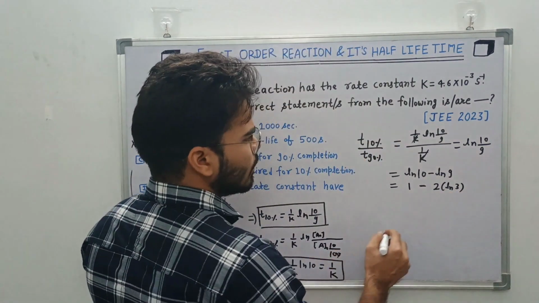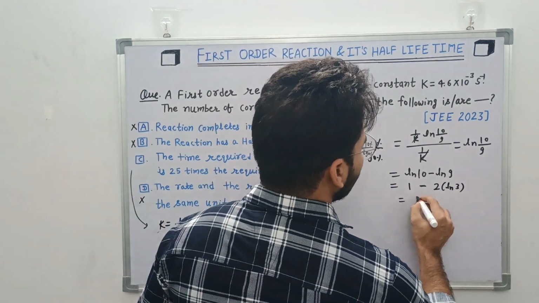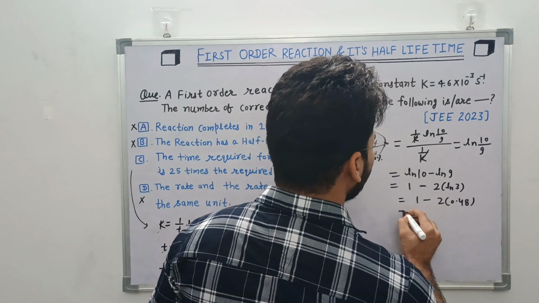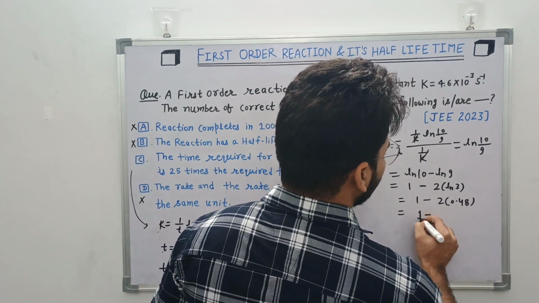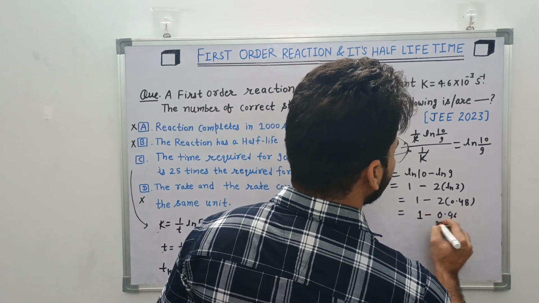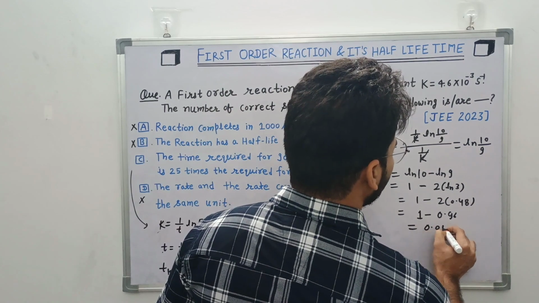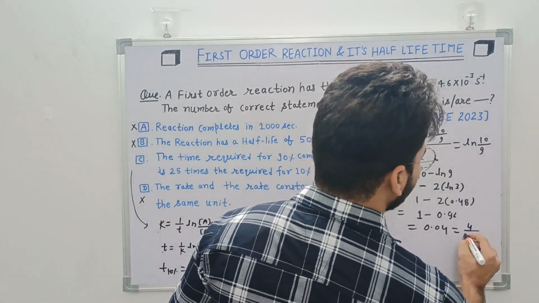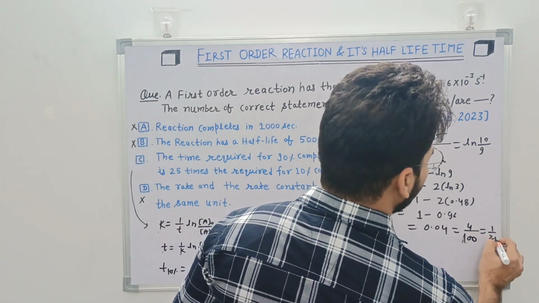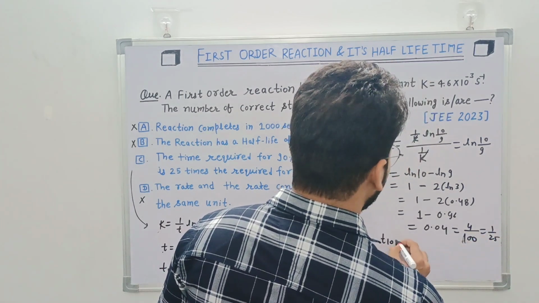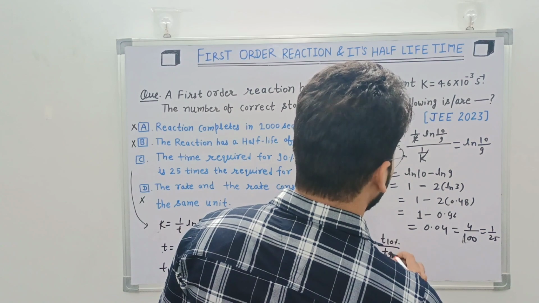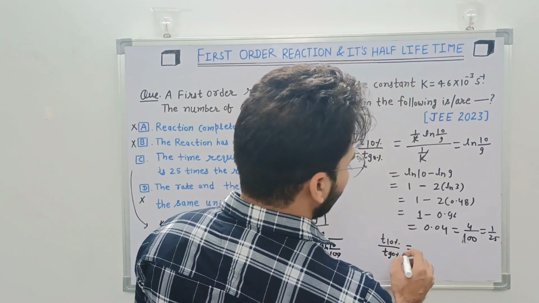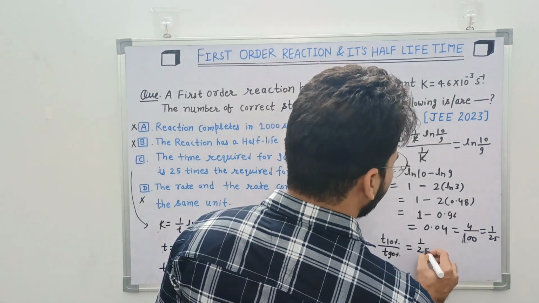We know that the value of ln 3 is 0.48. When we do this calculation we get 1 minus 0.96, which is 0.04. We can also write this as 4 by 100, which is 1 by 25. So T 10% divided by T 90% is equal to 1 by 25.